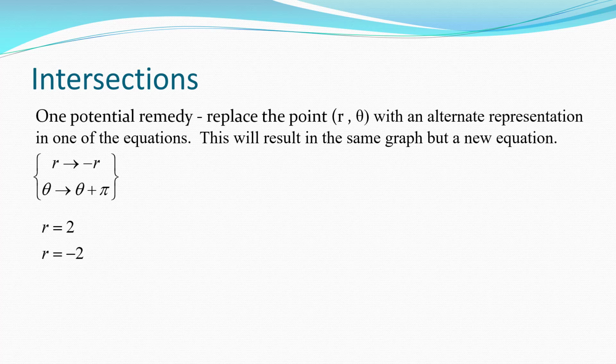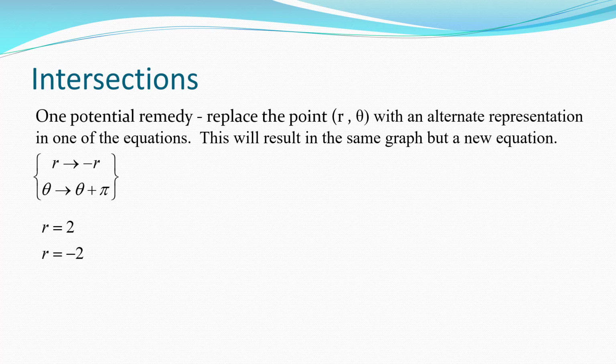One way to maybe fix the problem, and it doesn't actually always work, is to take the point r comma theta in one of the equations and replace it with one alternate representation of that point. The common one is that for any point r comma theta, you can also represent that point as -r comma theta plus pi. Look what happens if you do that here.